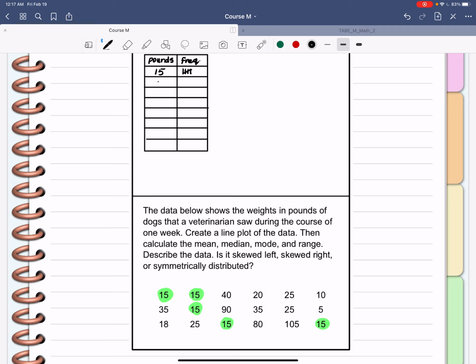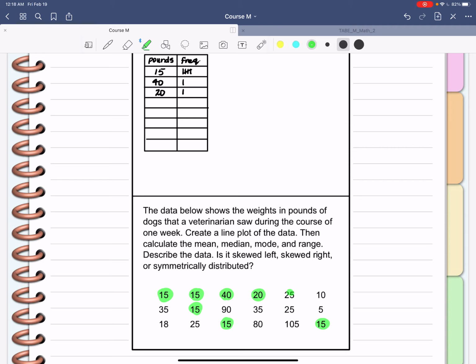And then I see a 40. So let's put that in the table and count them. There's 1. I just see it once. So only one of the dogs weighed in at 40 pounds. Then I see a 20. And I only see one dog that weighed in at 20 pounds.